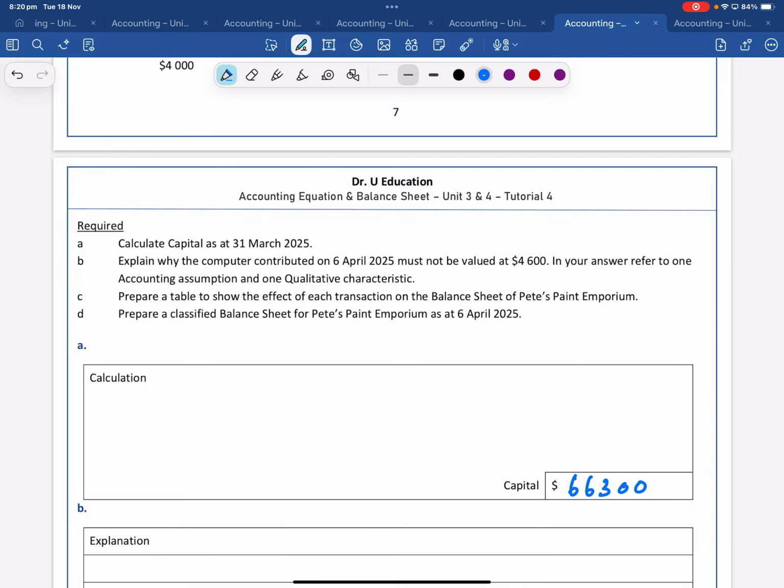Part B is a theory question. Explain why the computer contributed on 6th April must not be valued at 4,600, and refer to one assumption and one characteristic. What do you think, guys? Accounting entity assumption and relevance.